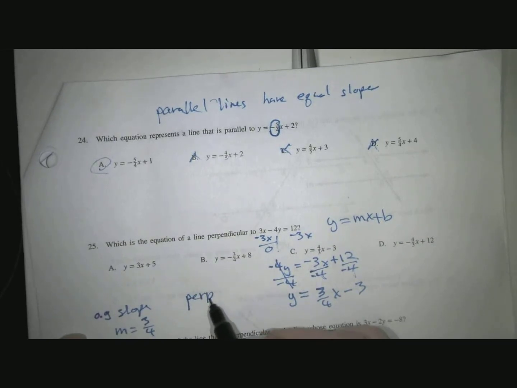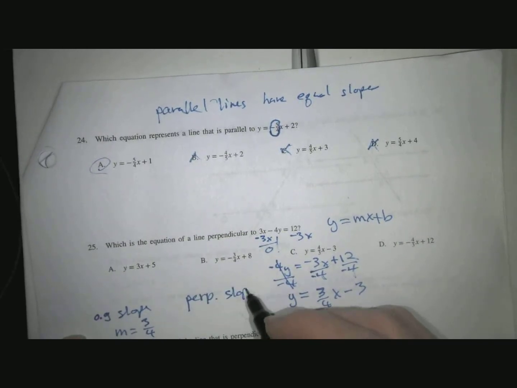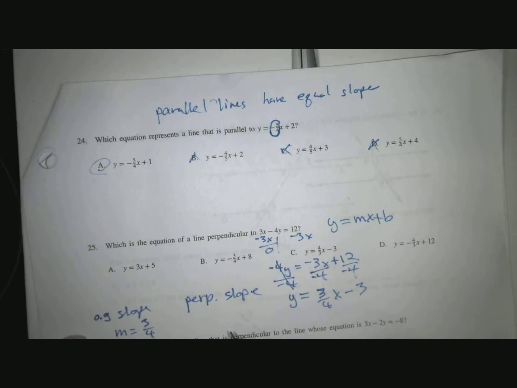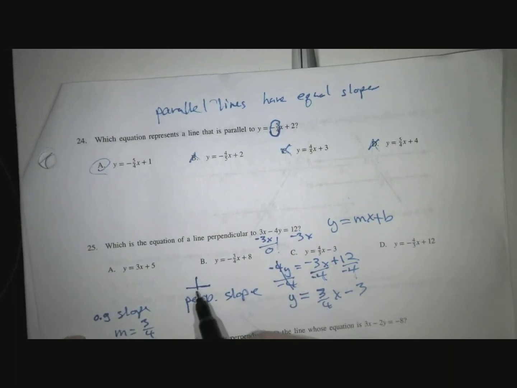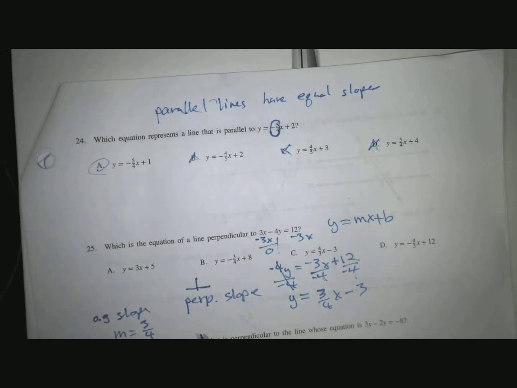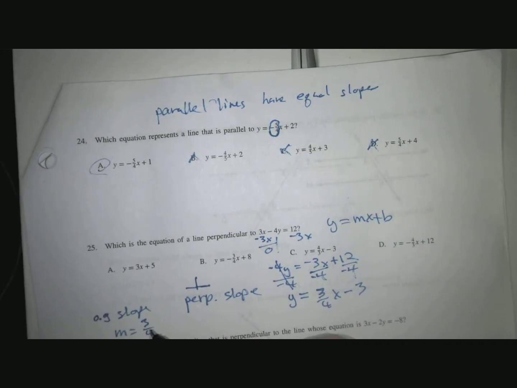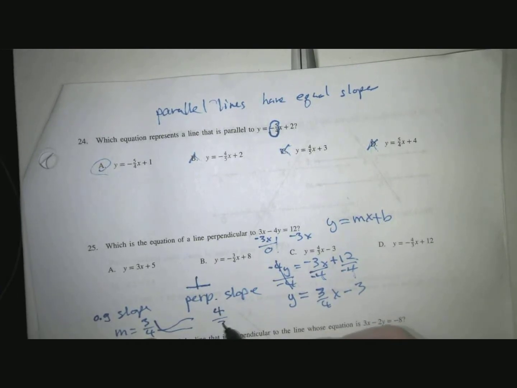The perpendicular slope, I'm going to put this little sign to remind us that if you ever see this sign, upside down T, it means perpendicular. The perpendicular slope is going to be where I flip the numbers. So it's going to be 4 over 3.